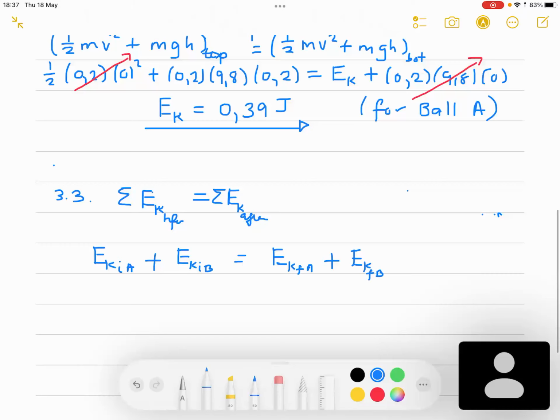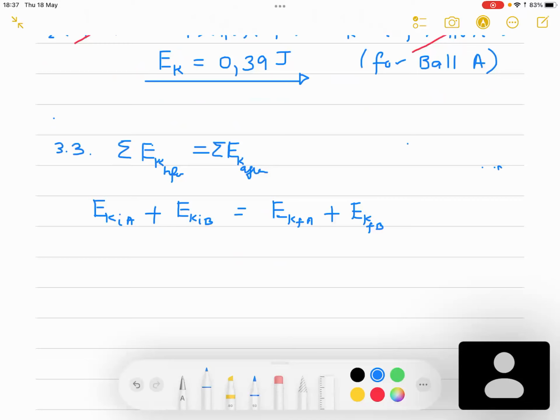And once you've got that, now we can substitute the values that we have.